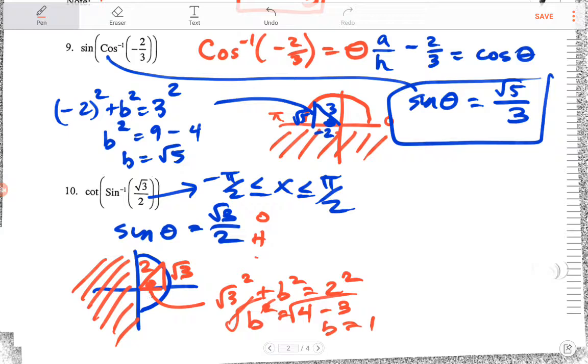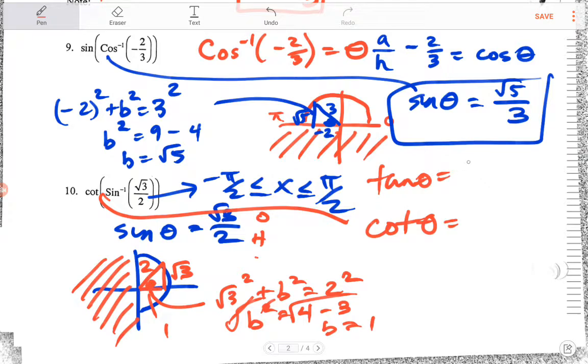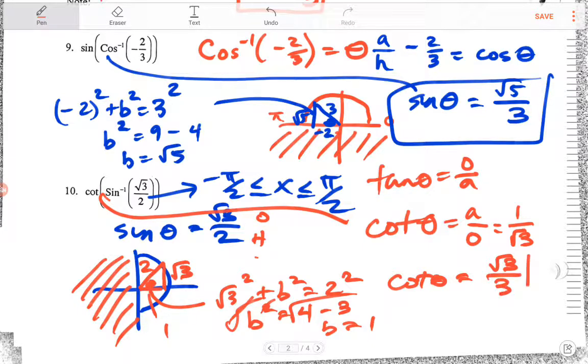So we know that this length is going to be a length of 1. With that, we can then find cotangent of our angle. We know that if tangent is opposite over adjacent, then cotangent must be adjacent over opposite. The adjacent side of our triangle here is a length of 1, and the opposite side is a length of root 3. Of course, we need to rationalize that, so cotangent of theta is equal to root 3 over 3, like that.